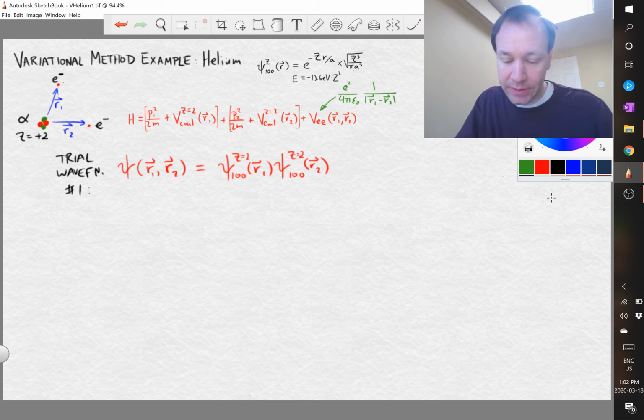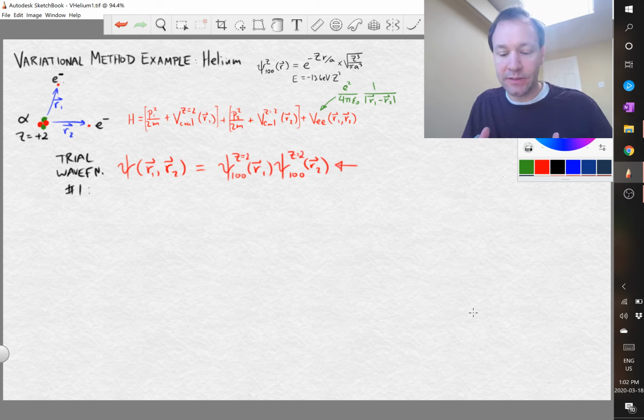Mathematically, that was given by the product psi1,0,0, z equals 2 of R1, the wave function for the first electron, times the wave function for the second electron, psi1,0,0, z equals 2 of R2. So exactly the same wave function for both, and we're just taking the wave function that it would be if the two electrons couldn't see each other at all.